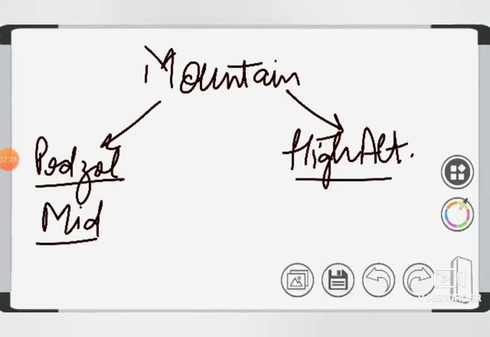Such regions can be the high altitude regions of Kashmir, then Eastern Ghats also, then Himachal also. All these regions, which are at very high altitude, have such soil. The crops that can be grown are wheat, maize, barley, tropical fruits, etc. They are grown over there. Tea and coffee are mostly grown.